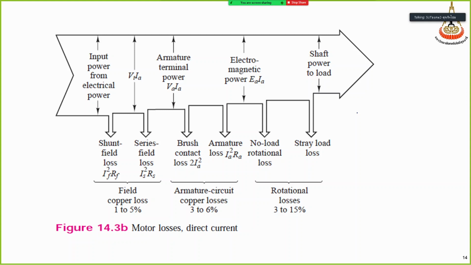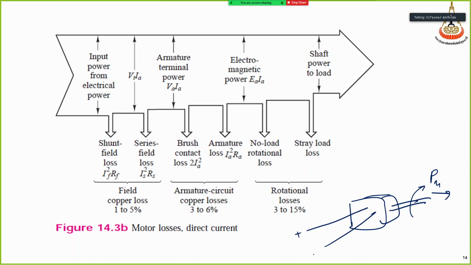Here is an example of a motor. For a motor, what happens? This is mechanical power to drive something, to drive the conveyor, to drive the pump. We supply DC power PE to the motor.